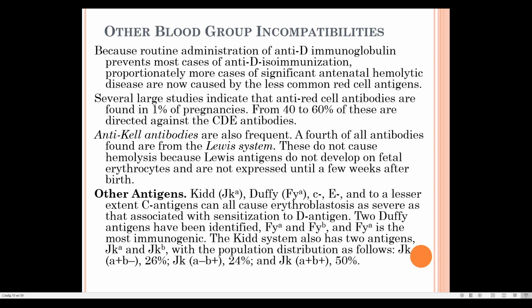These don't cause hemolysis because Lewis antigens don't develop on fetal erythrocytes and are not expressed until a few weeks after birth. And other antigens, for example, Kell, JK, Duffy, FY, C small, E big, and to a lesser extent C big antigens can all cause erythroblastosis as severe as that associated with sensitization to D antigen.